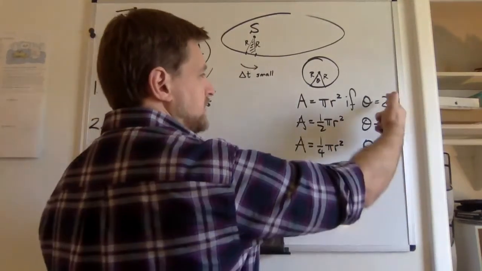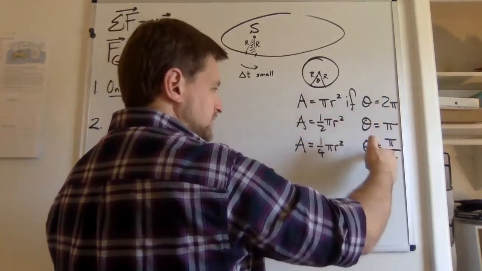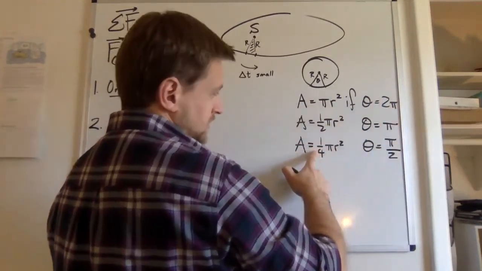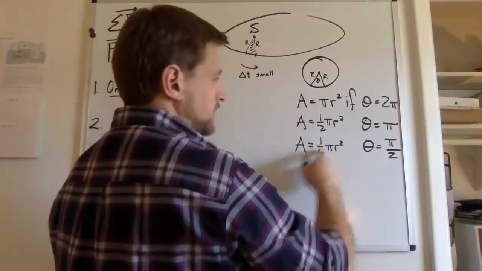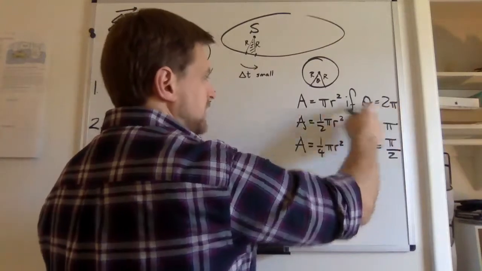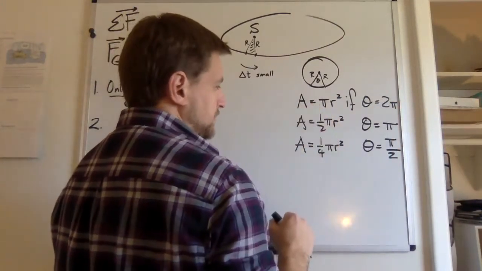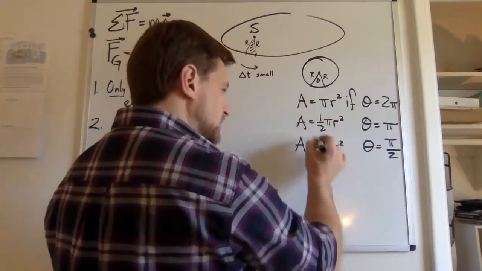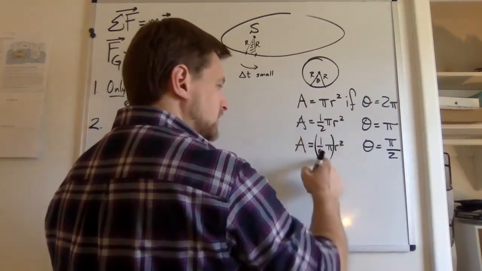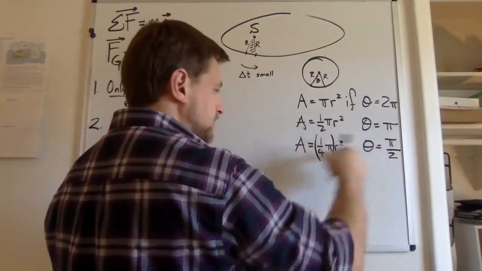So we divide this by 2, we divide this by 2, we divide this by 2, we divide this by 2. When this is pi, this is half a pi. When this is 2 pi, this is pi. It looks to me like this is always half of this. Instead of pi over 2, we're talking about pi over 4.